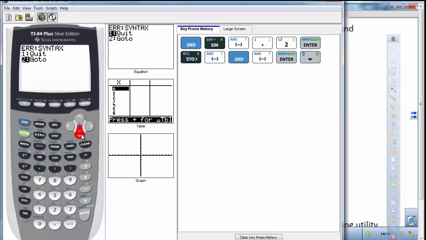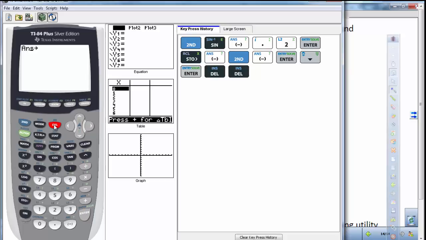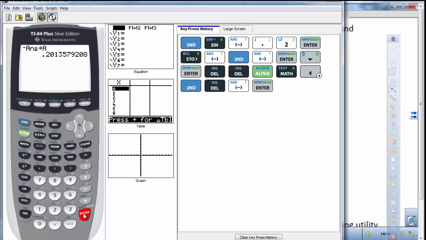Oops, sorry. I'm going to store it in alpha A. Oh, no, I can't do that. Let's see, delete alpha A. Let's see if it'll let me do that. Okay, good.